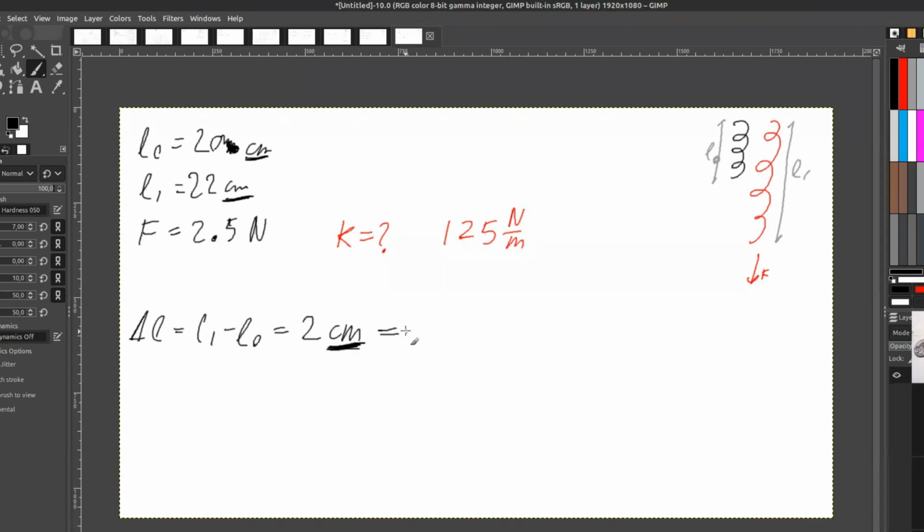So you will have to convert it into meters before you can move on and compare it with the force in Newton. Okay? And we got 0.02 meter.